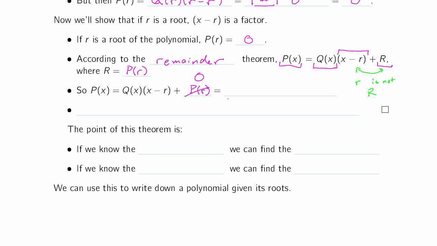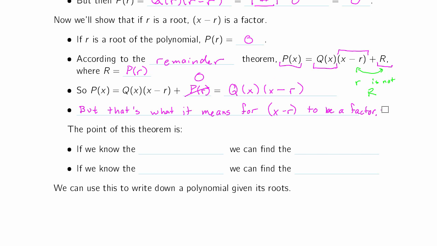So p of x is q of x times x minus r. But that's what it means for x minus r to be a factor. Right? There's something that we can multiply by x minus r in order to get our p back. So again, here's the end of the proof.